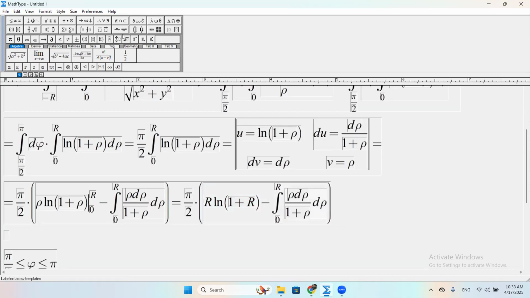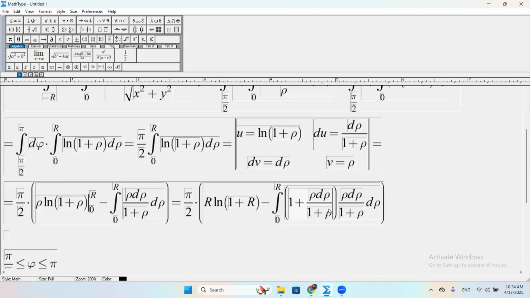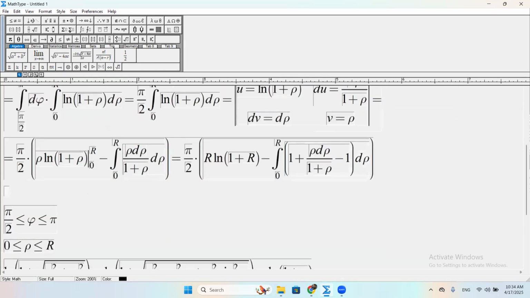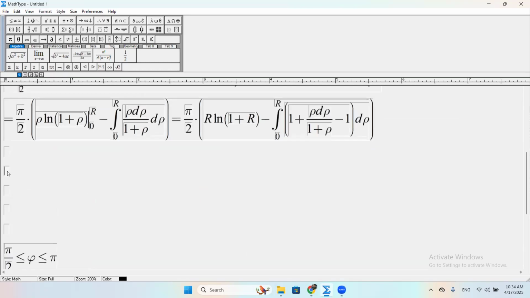And let's also extract the integer part from this integral. So 1 plus this stuff and minus 1. By the way, now let's calculate this integral I1 separately.